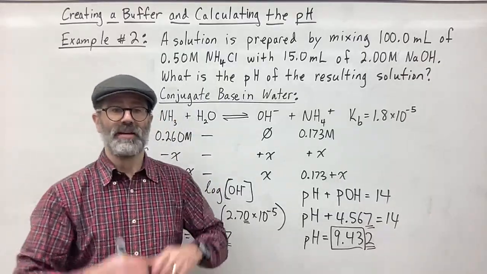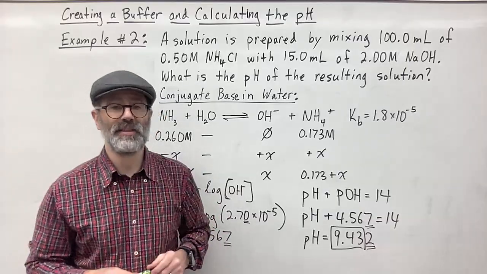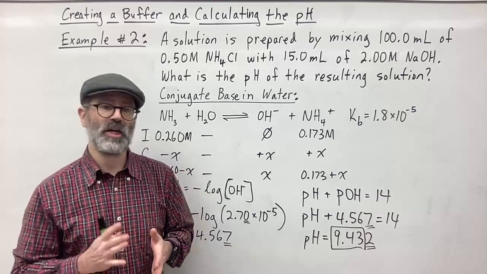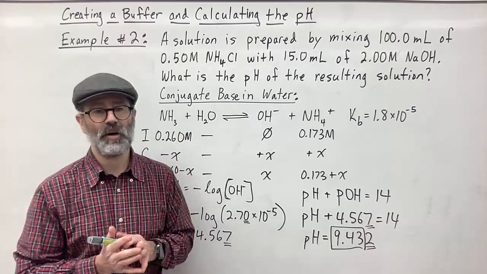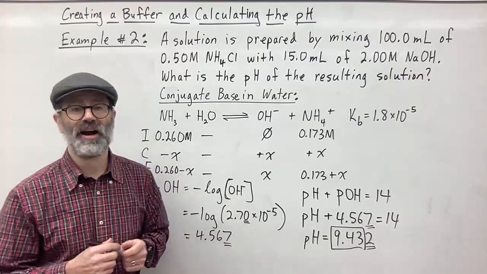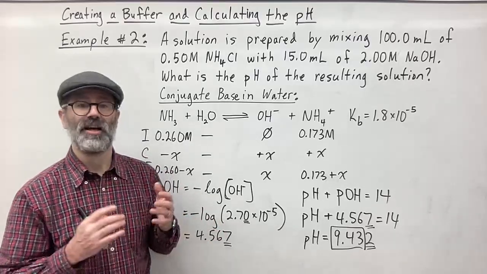Okay. Now, one last thing before I finish up. Let's try this with the Henderson-Hasselbalch equation. One thing you should know is that the Henderson-Hasselbalch equation is valid to use if your assumption that x is small is valid.